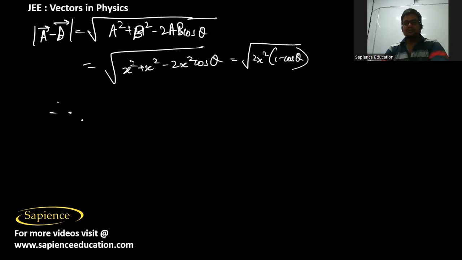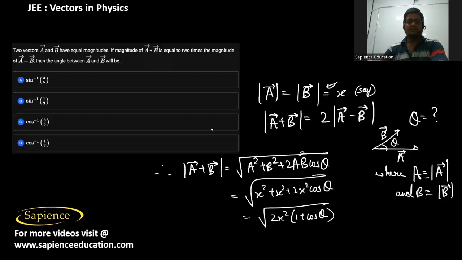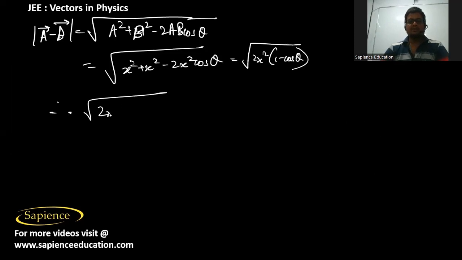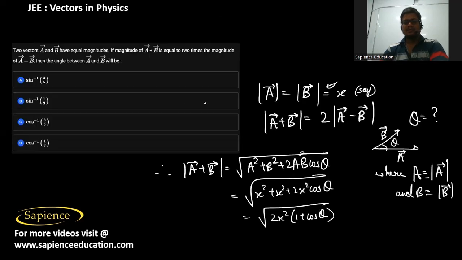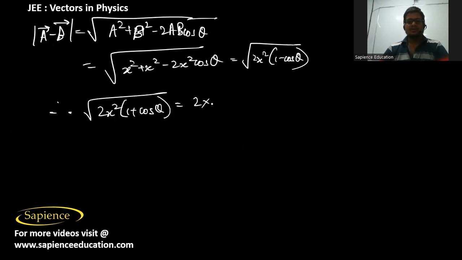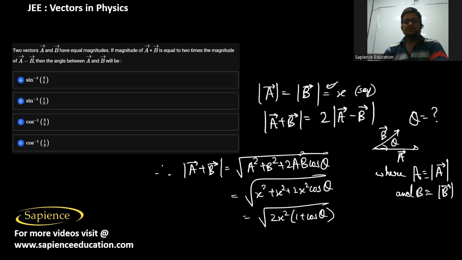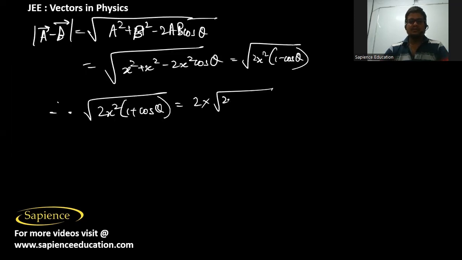So now it is told that magnitude of a plus b, which is square root of 2x square into 1 plus cos theta, will be equal to 2 times magnitude of a minus b, that is square root of 2x square into 1 minus cos theta. So now square root of 2x square will cancel out.